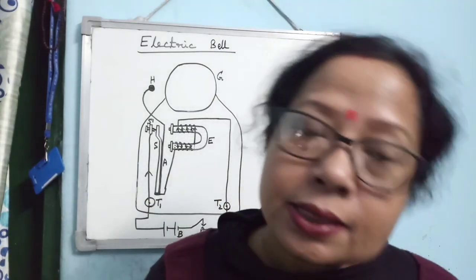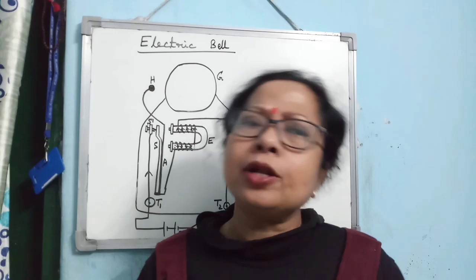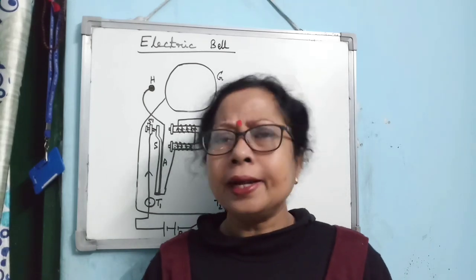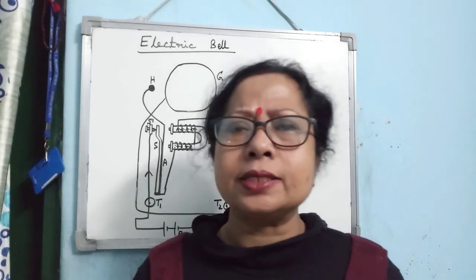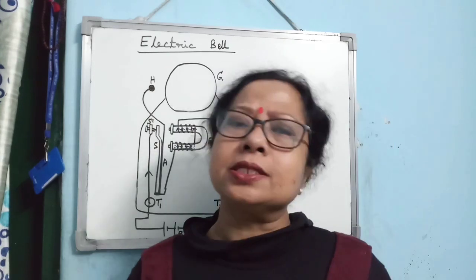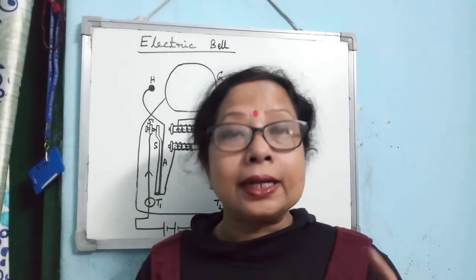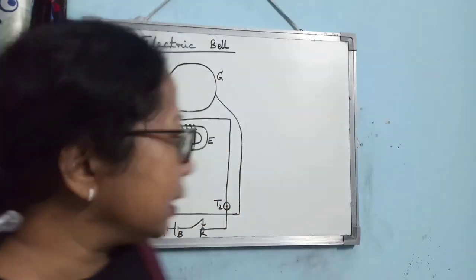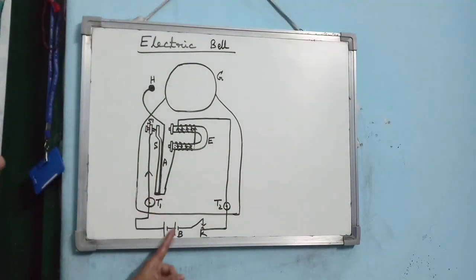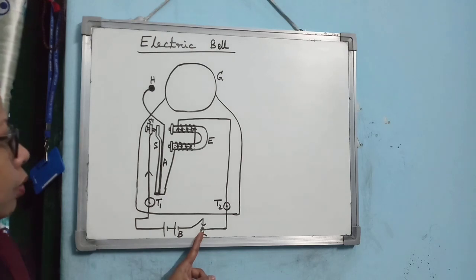You listen to the discussion, understand it, but no need to learn it, because if it comes in the board exam, then only the working principle of the electric bell will come. But you should know how it actually works. So let us find out what will happen. The moment the switch is on, what will happen?